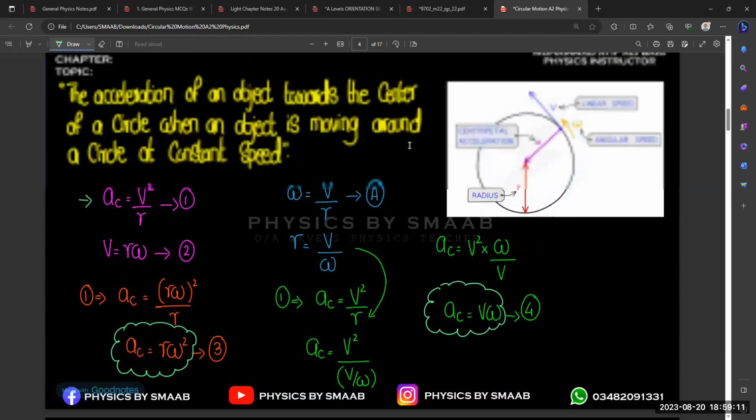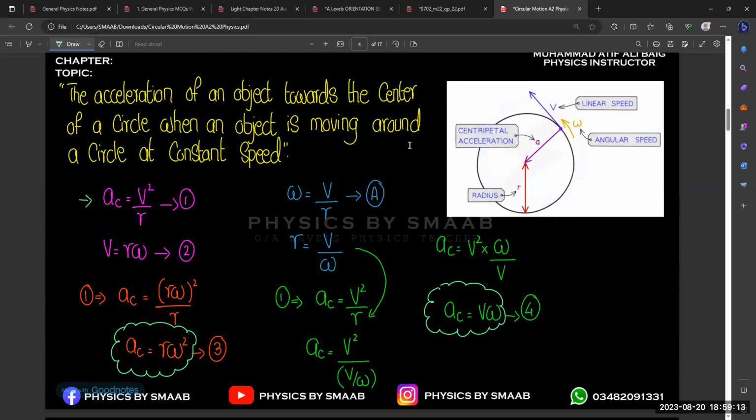So first, I'm talking about the fourth one, equation number 4. We have a_c = v²/r, and then we substitute the value of r, that is v over ω, in the denominator, right?